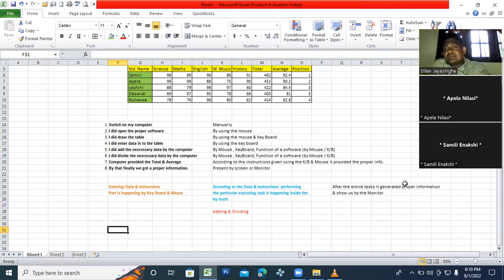Then the particular output tasks are happening by the monitor. Monitor is related to the output tasks.